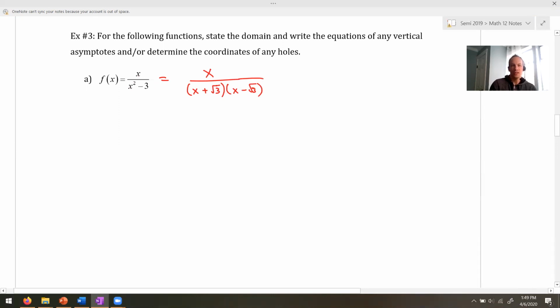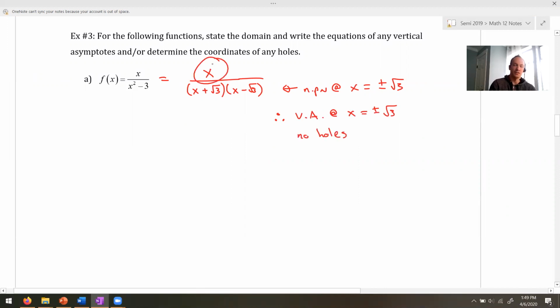So does this have any holes? Nothing cancels. Does it have any vertical asymptotes? Absolutely. We look at the non-permissible values, and they're located at x is equal to plus or minus root 3. So we're going to have 2 vertical asymptotes. Vertical asymptote at x equals plus or minus root 3, and no holes.